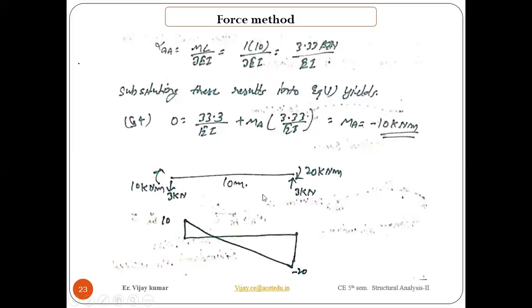So 20 in the clockwise direction, minus 3 into 10, comes out to be 10 only. That's how you can get the value. Then the other value is 3, and obviously their summation should be equal to 0. That's a simple problem you can do yourself as well.